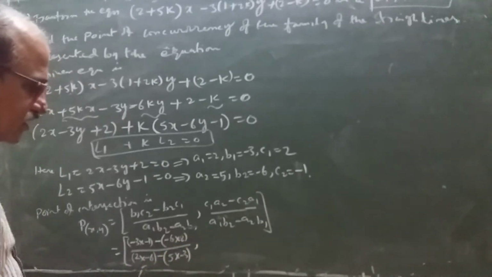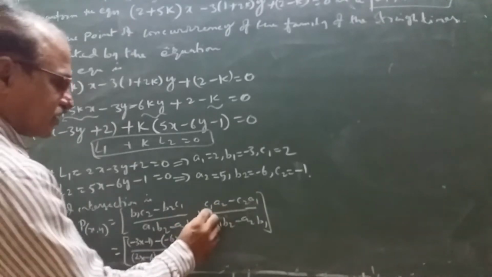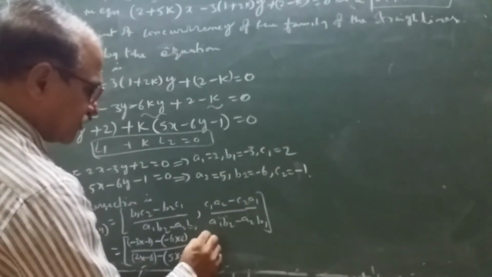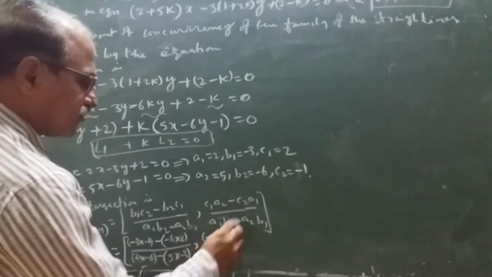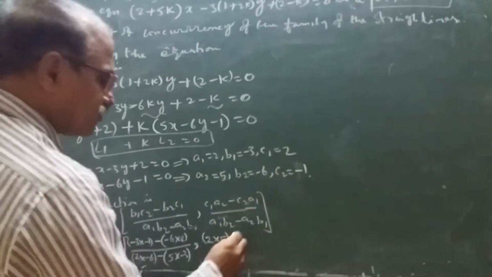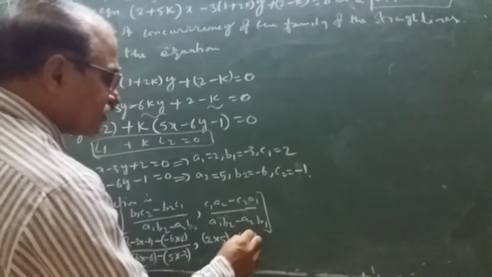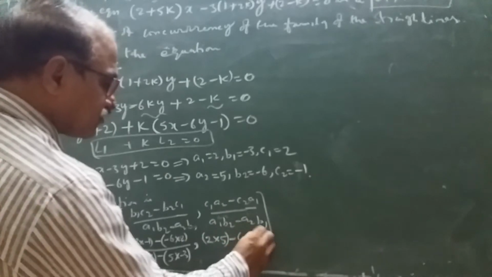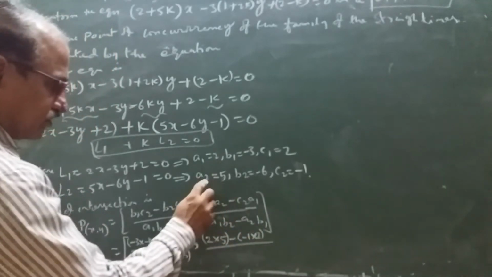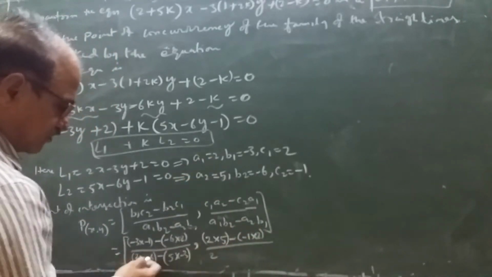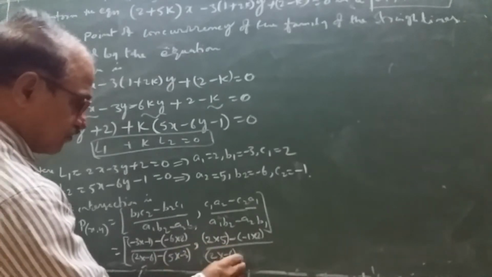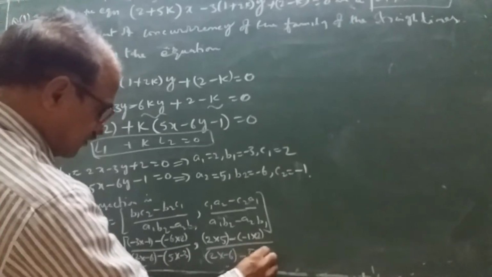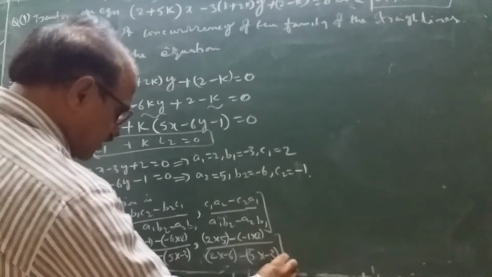This is the x coordinate. Similarly, the y coordinate: C1, 2, into A2, 5, minus of C2 A1, C2 is minus 1 into A1, 2, by A1 B2, 2 into minus 6, minus 5 into minus 3. This is right.